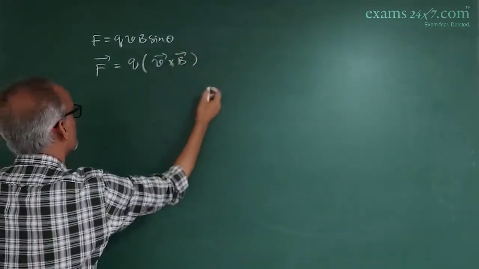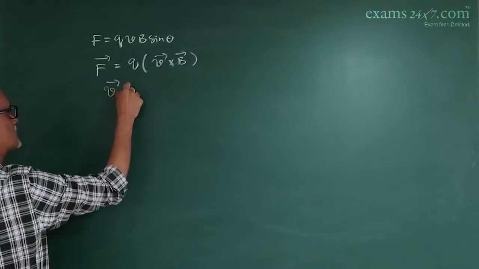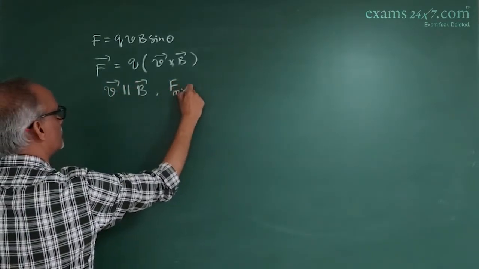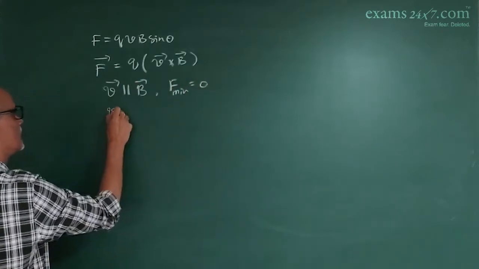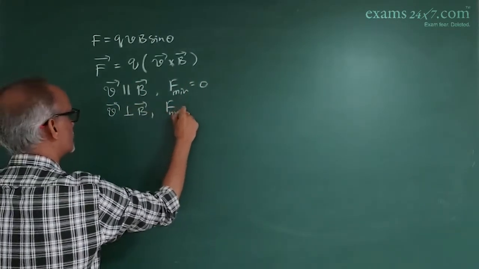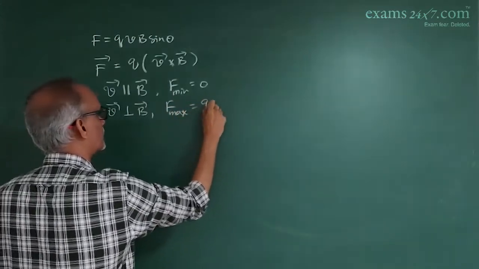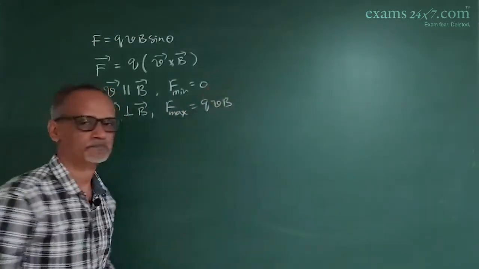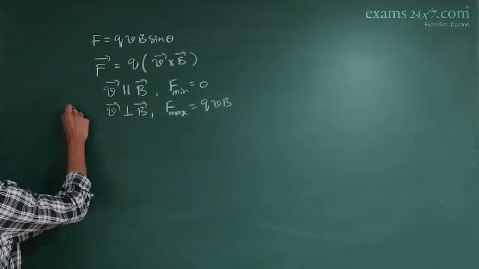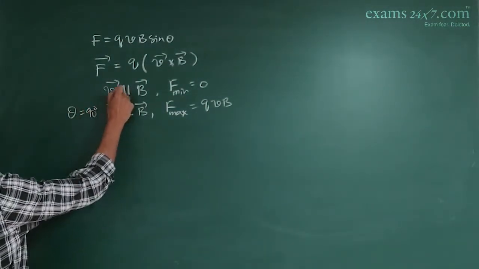So if vector V is parallel to B, then the force is minimum. F minimum is 0. And if vector V is perpendicular to B, then the force is maximum, which is given by Q V B. What do you mean by V perpendicular to B? That's theta is 90 degrees. What do you mean by V parallel to B?